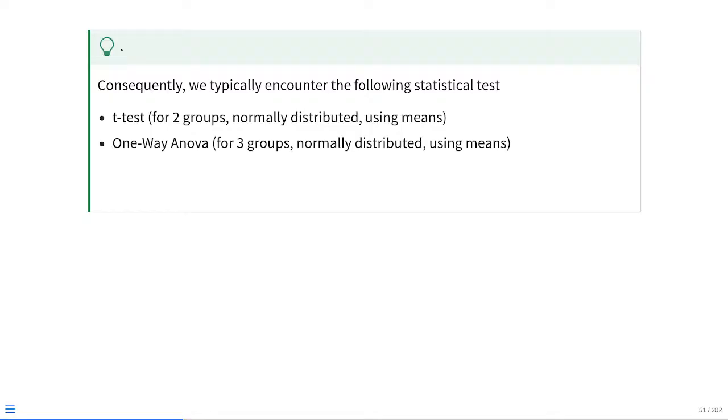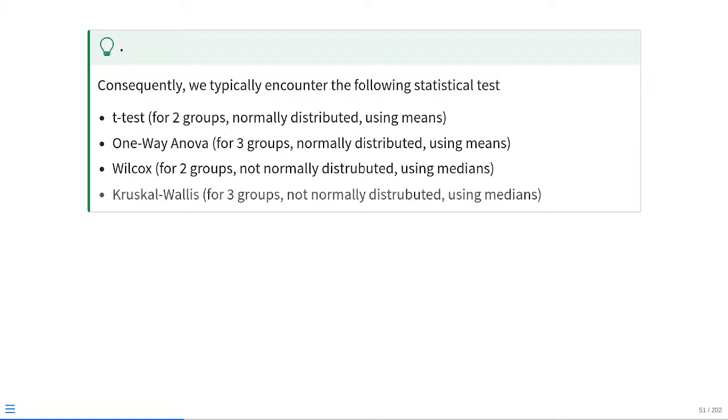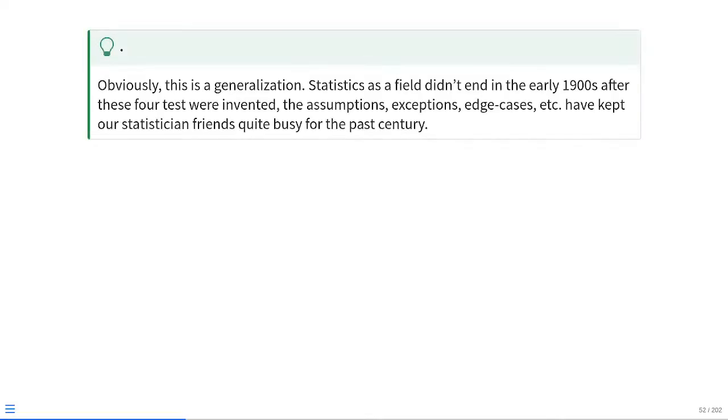Or the non-parametric version of both of these: the Wilcoxon rank sum test when you're doing 2 groups that are non-normally distributed, in which case it's using the medians. And vice versa, for those with 3 groups, you'd be using Kruskal-Wallis, which would also be in the context of not normally distributed data and using the medians.